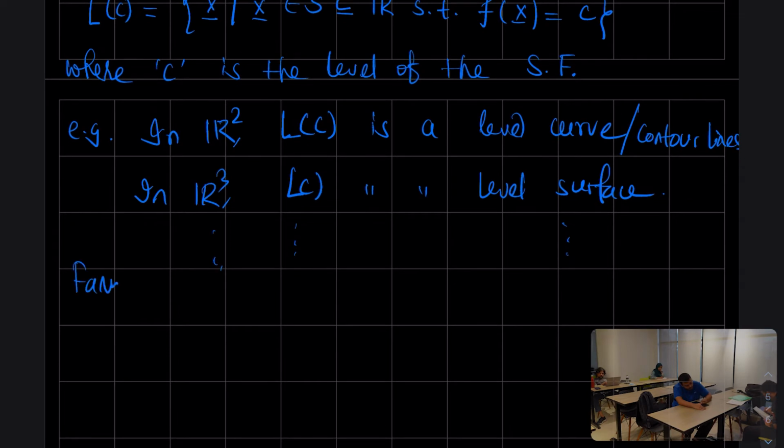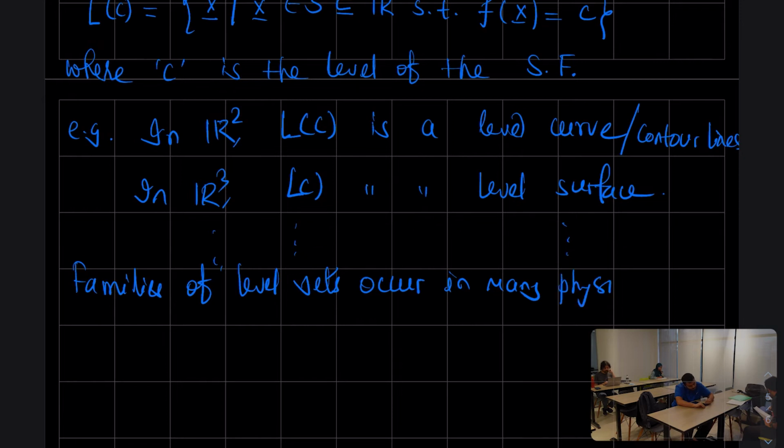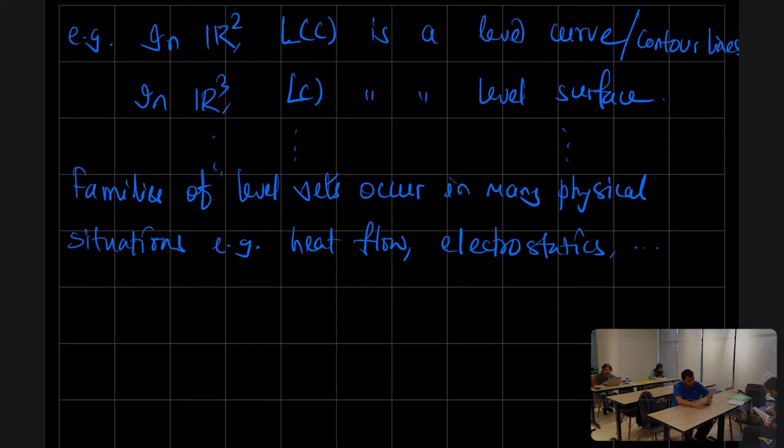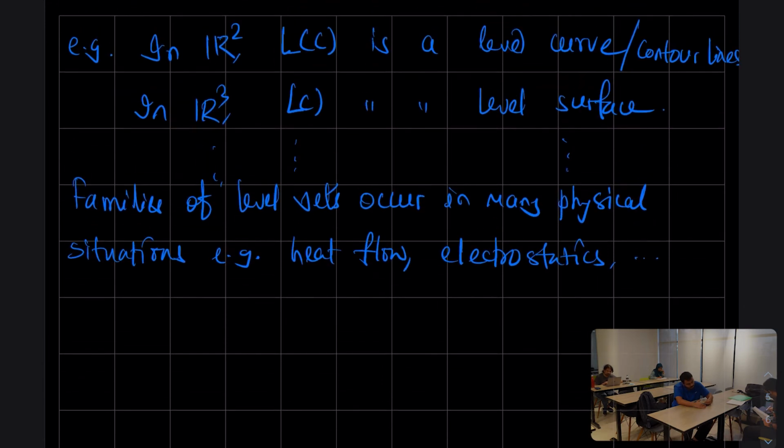Families of level sets occur in many physical situations, for example heat flow, electrostatics, to name a few, and also fluid mechanics, fluid flow.